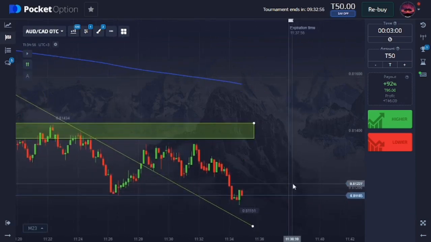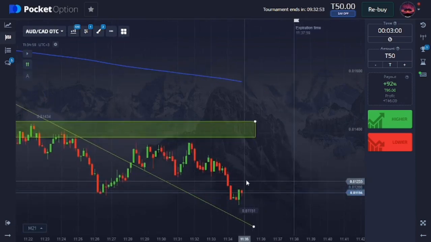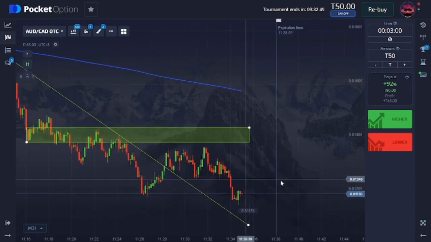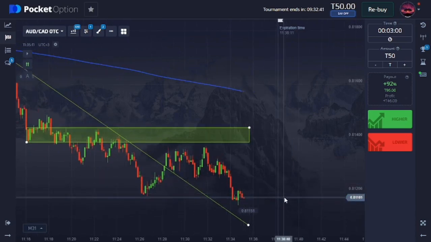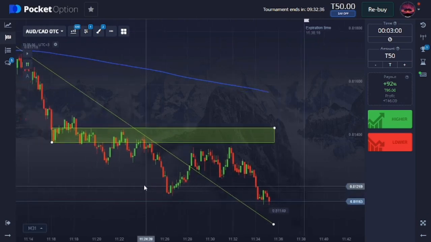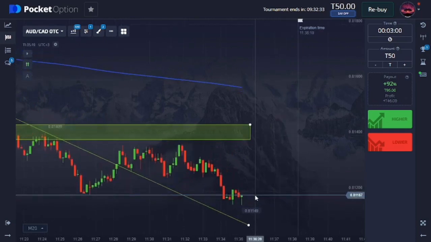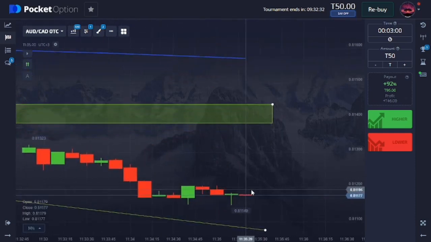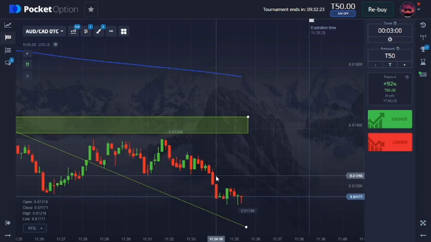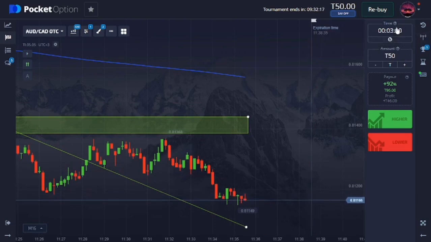So all I want is for it to trade back to this gap, right here, then I will enter a down position for 3 minutes. That should be enough.